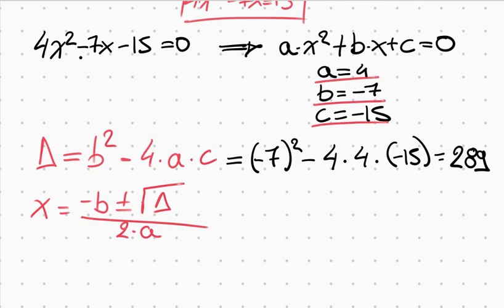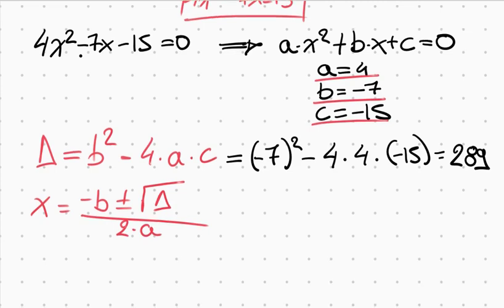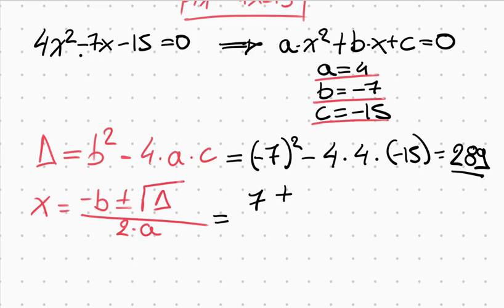Now, I know this looks a little bit scary, but it's basically the same thing. We take b, we replace the number, we take delta, we replace the number, and a, and we replace the number. B is minus 7, we have minus in front, so it would be plus 7. And then we have plus or minus the square root.